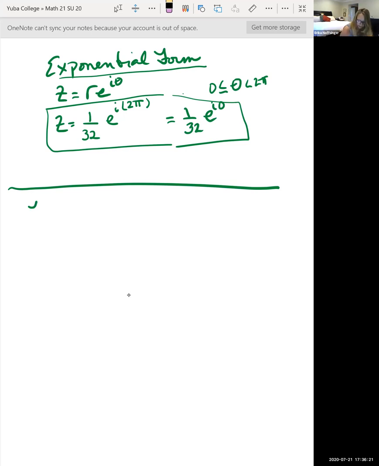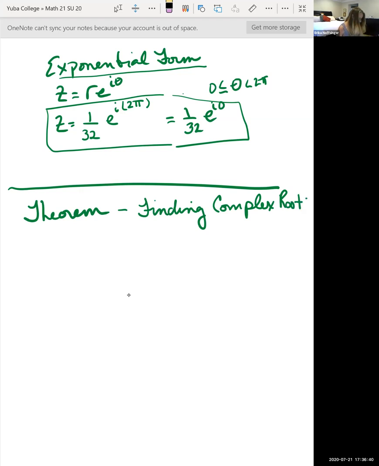So theorem, which is finding complex roots. And again, they like to use Euler form in your book. I'm just not used to that, but I will write it out in that too, because we will convert into all three forms, so you're comfortable with it.